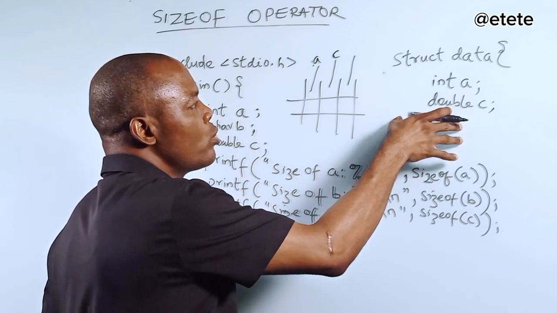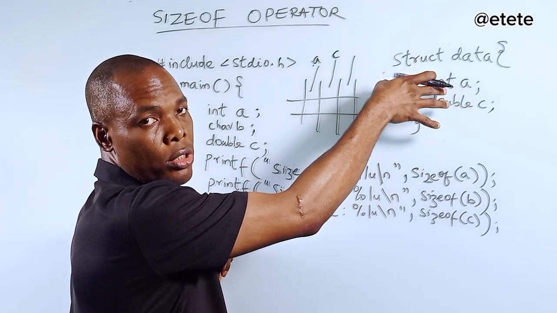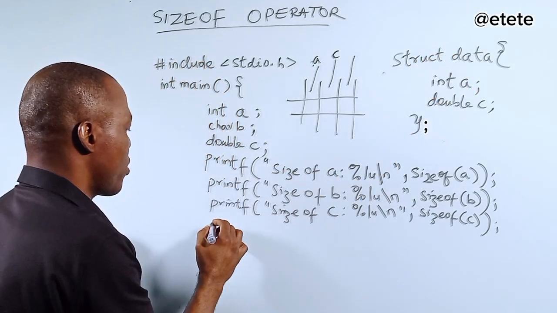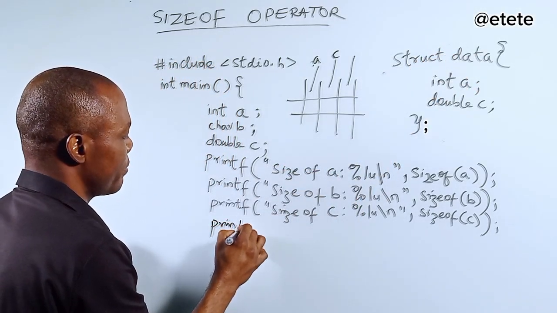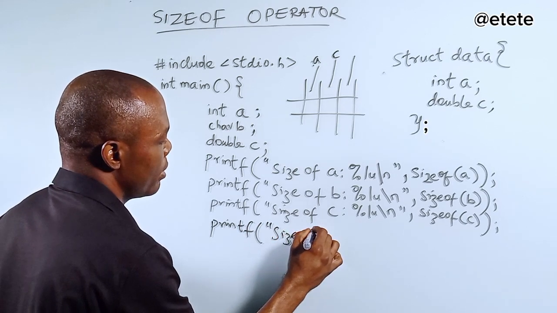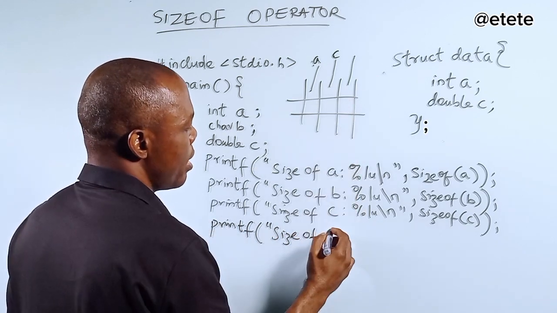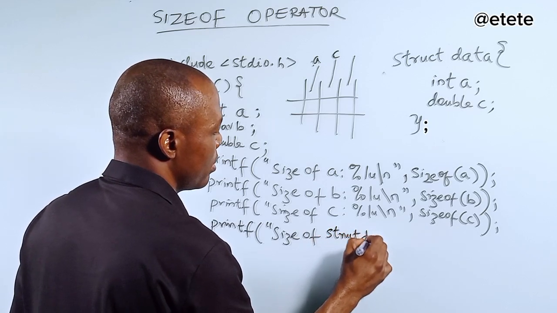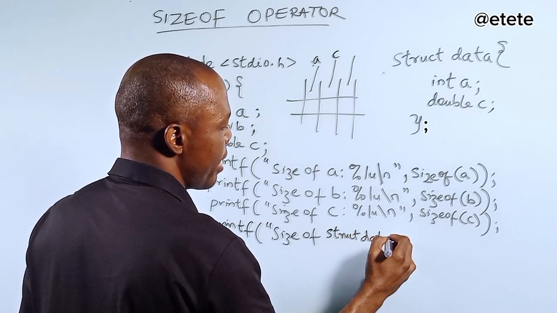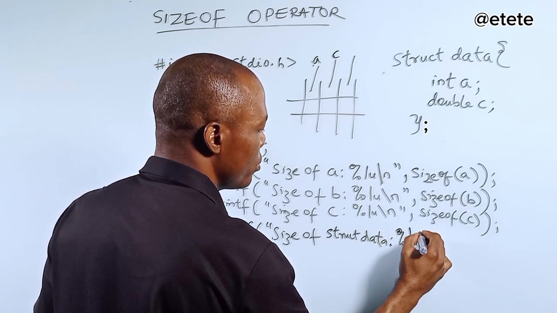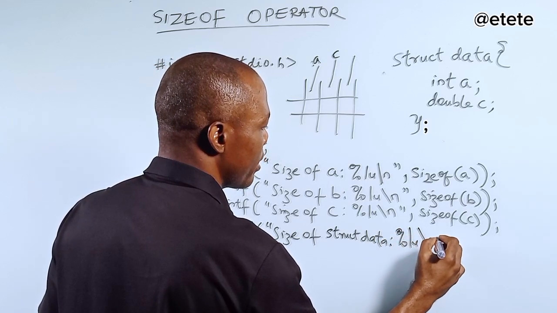Now, I'm still going to teach you this struct. If I want to know the size of this struct data type, I'll come here and I'll say printf sizeof struct data, right? %lu.